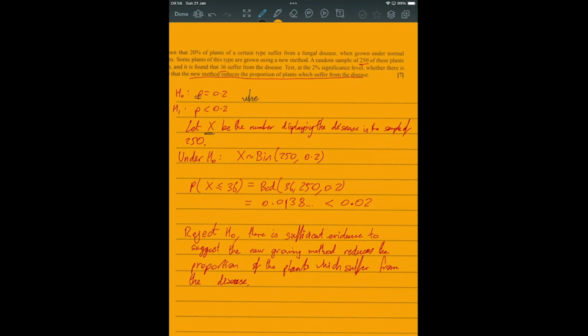So when I introduce p, let's say where p is, and this is the thing we're testing, the proportion of plants which suffer from the fungal disease. So I just need to add that comment in. I've introduced this p, but I didn't tell the examiner what p was. So let's tell the examiner what p was.